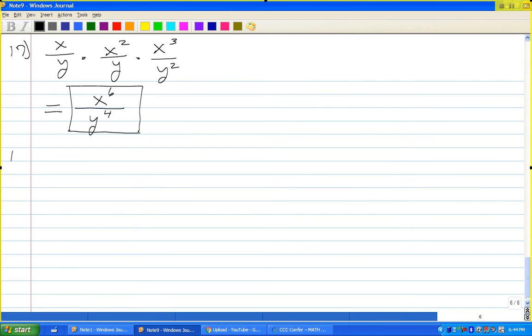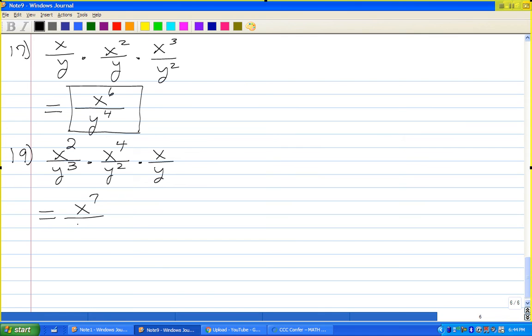Problem number 19. x squared over y cubed times x to the fourth over y squared times x over y is equal to, I have the same base, so let me add exponents. 2 plus 1 plus 4 plus 1 is 7.